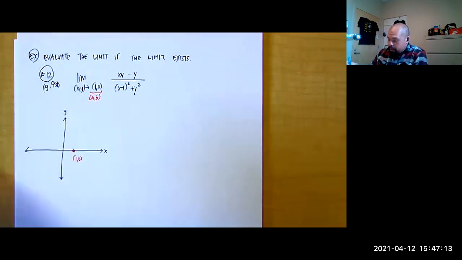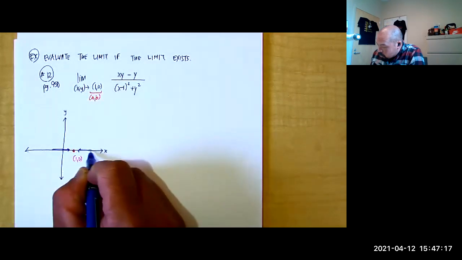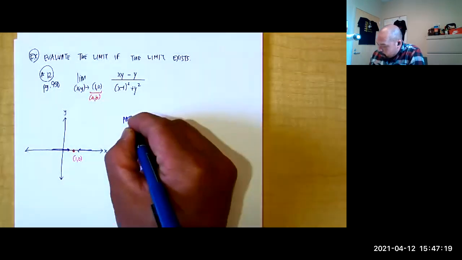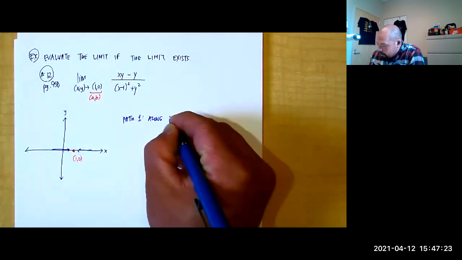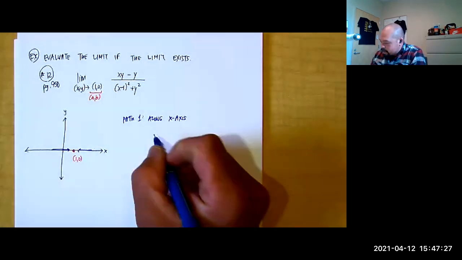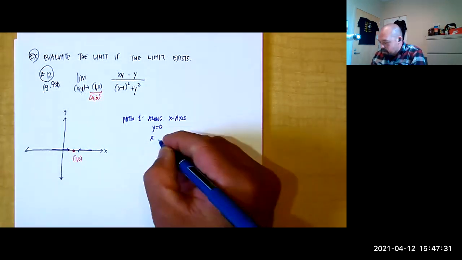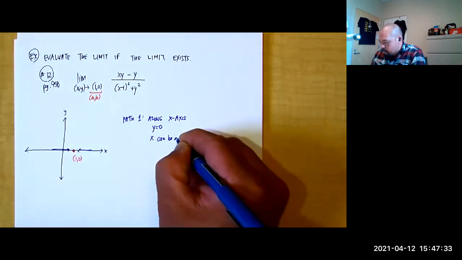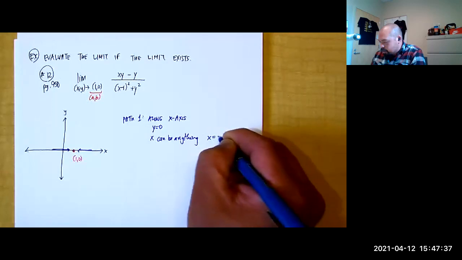So one path we can deal with, like I did before, for path 1, we can go along the x-axis. And along that x-axis, y is equal to 0, and x can be anything, x is just equal to x.